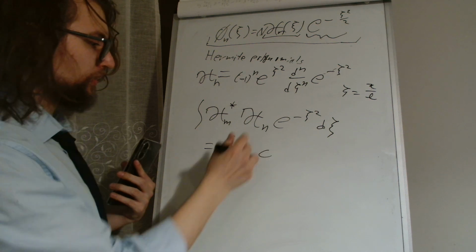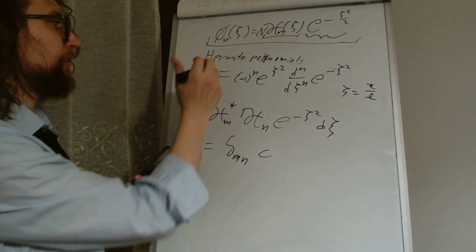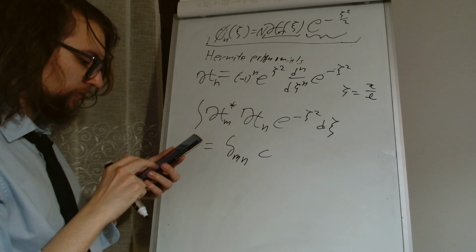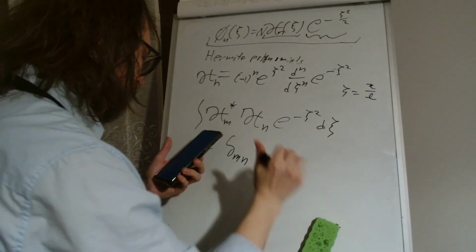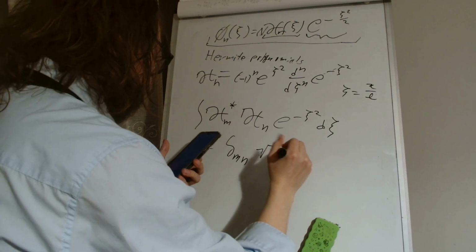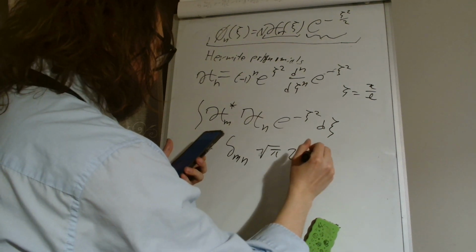And so this constant here, in particular with the polynomials written in this form, is square root of pi times 2 to the n times n factorial.